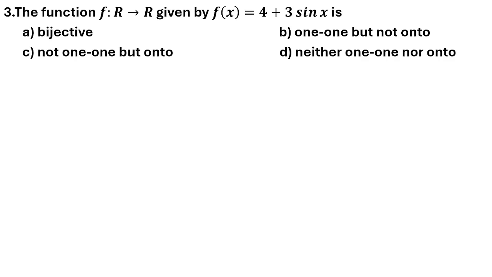Go to question number 3. The function is given by f of x is equal to 4 plus 3 sin x. Is it bijective, 1 to 1, onto, or neither 1 1 nor onto? Whenever you have a sine function from R to R, normally it won't be 1 1 and onto. That is why in inverse trigonometric functions, we have modified the domain and the codomain to get the inverse trigonometric function.